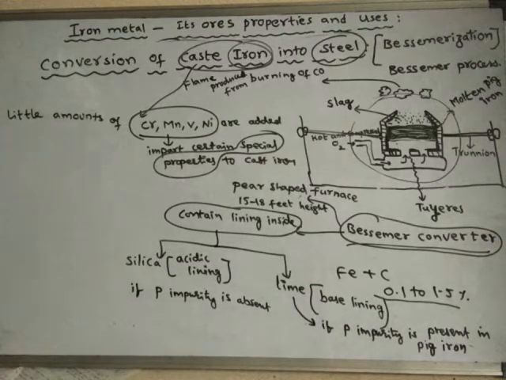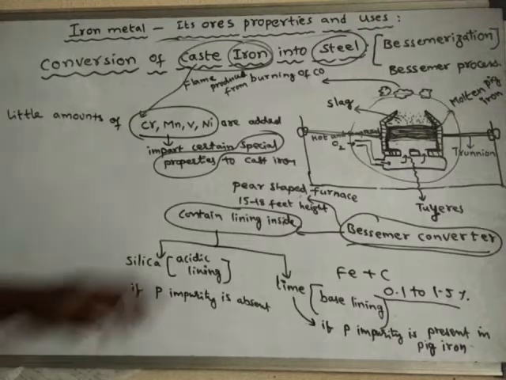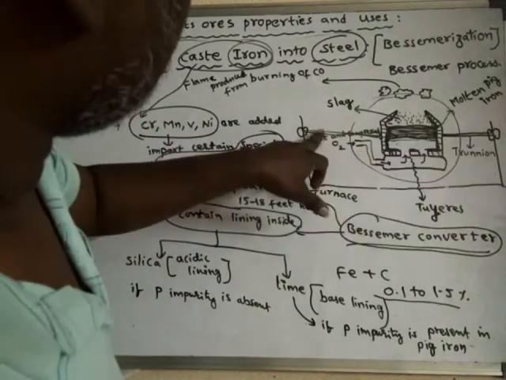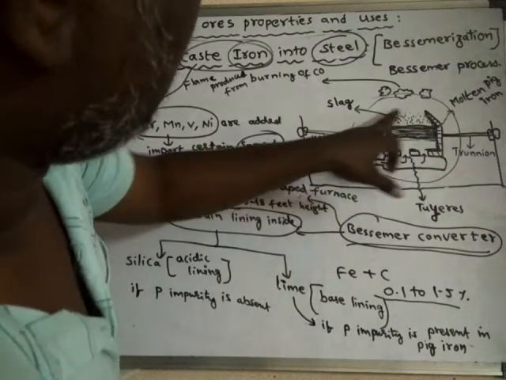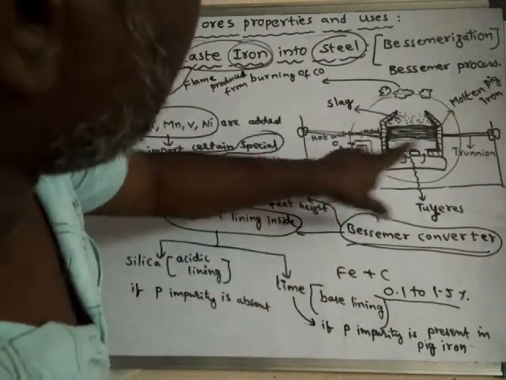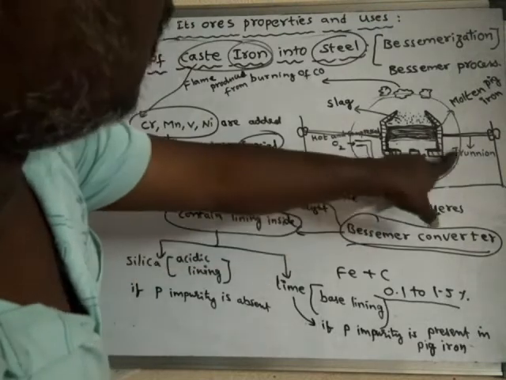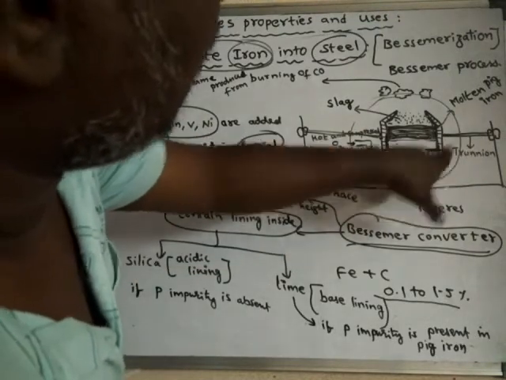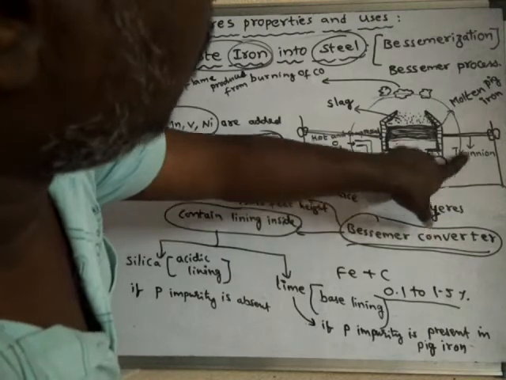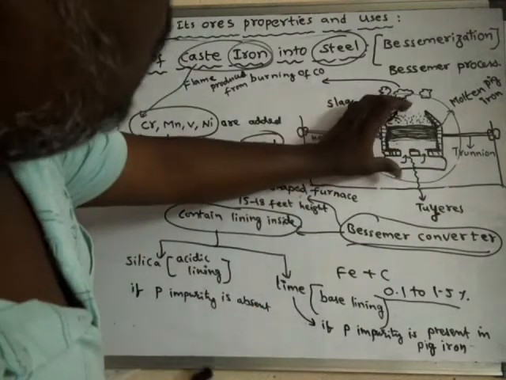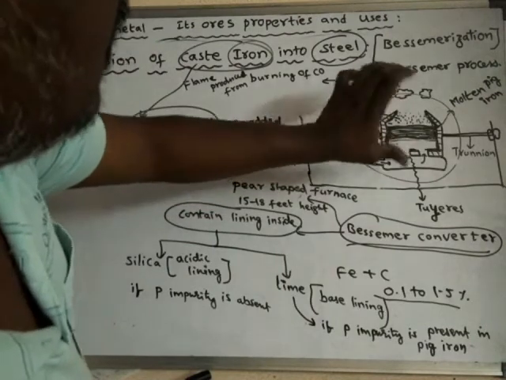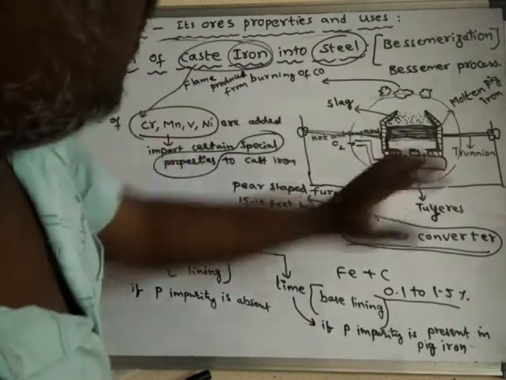Okay, right. Next, there is a rod, and the Bessemer converter hangs on this rod, which is called a trunnion. So this Bessemer converter will tilt on this trunnion.